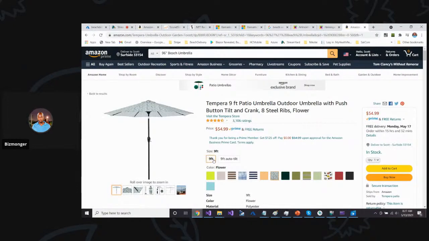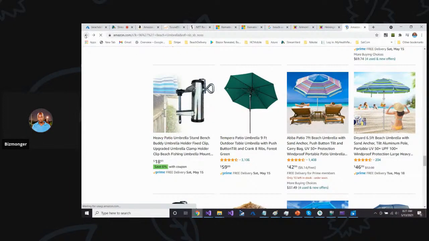How far do they go? It's just 9 feet, right? But that's 9 feet high. I mean, I'll buy one.